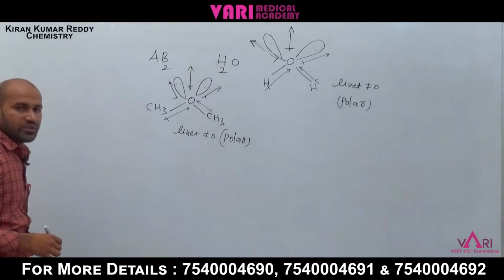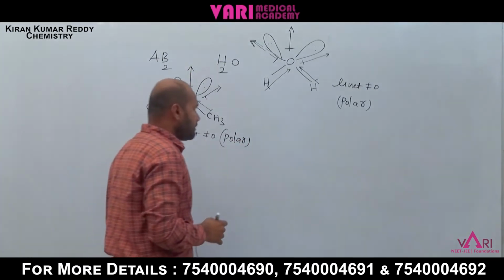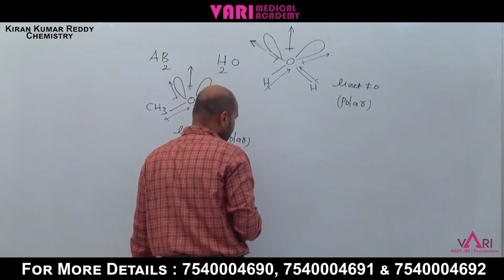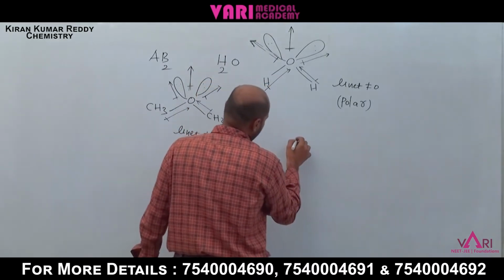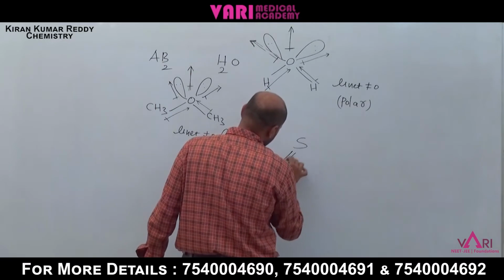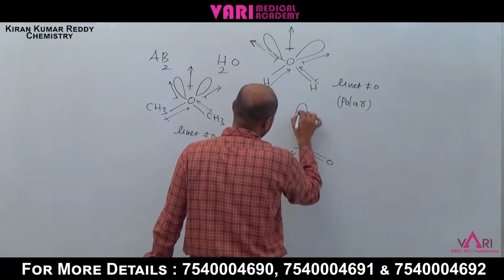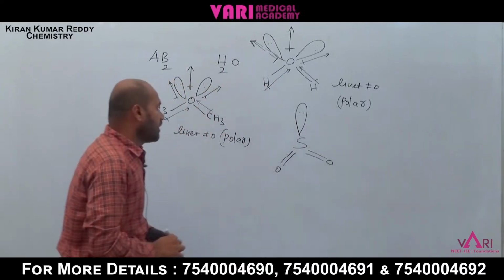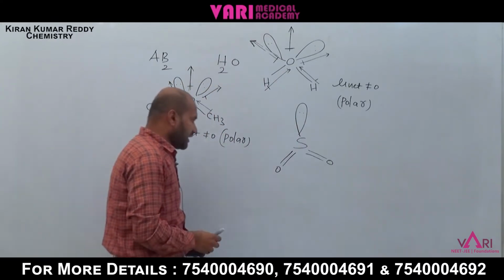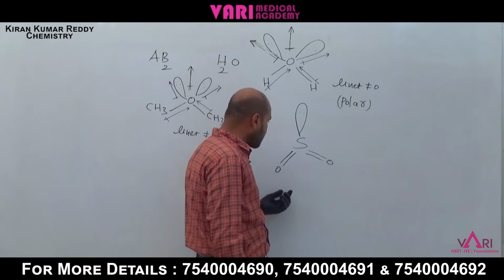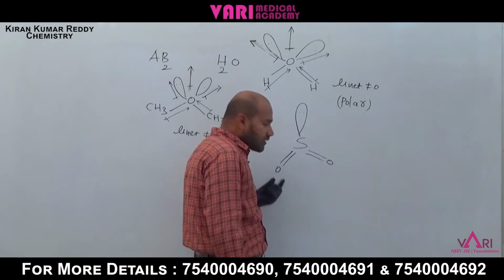In AB2, CO2, and if you take SO2, S double bond O, here also S double bond O, one lone pair is present. Now which one is more electronegative? Oxygen is more electronegative.